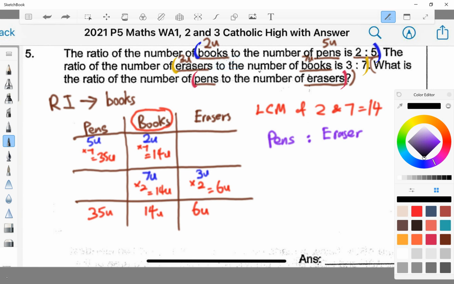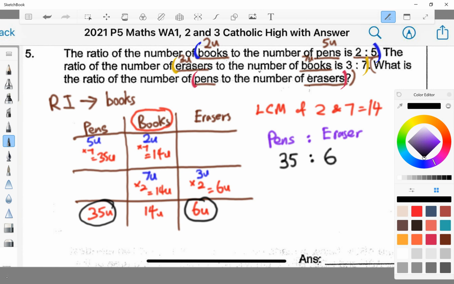When I look at the pens, it is 35 units. So I'll put down 35 over here. And what about the erasers? Erasers actually 6 units.